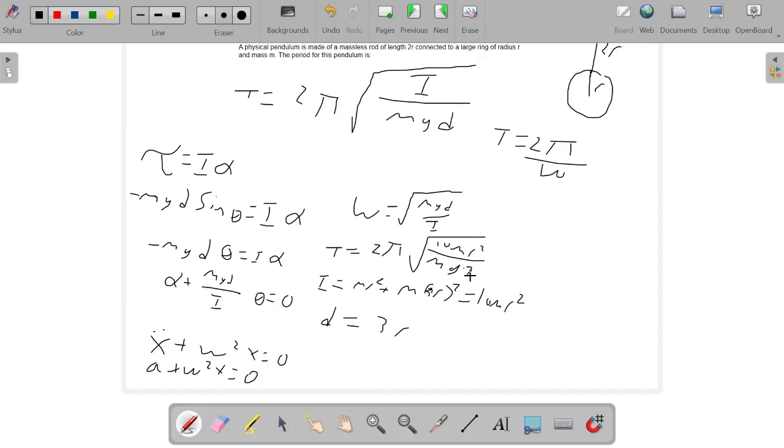If you do your cancellations, this just gives you 10r over 3g. So this is the period.